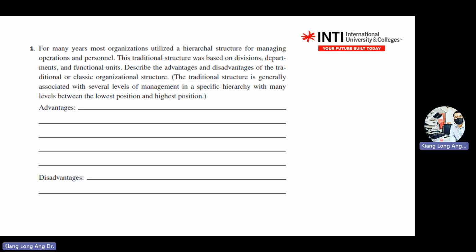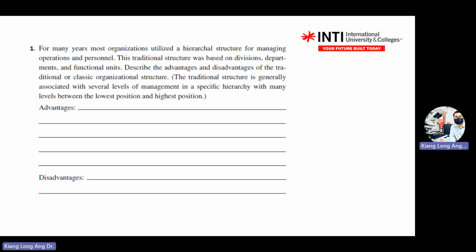Why? Because it's already fixed. The reporting is already fixed, and because you fix a functional manager here, the functional manager has their own way of doing things. So once you fix the reporting officer, the policy and procedure rarely change because you have the top people up there to watch. Okay. So this is another one.